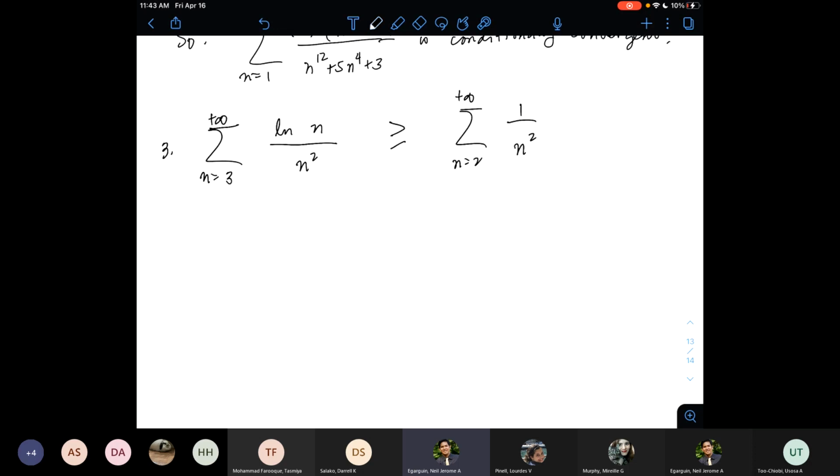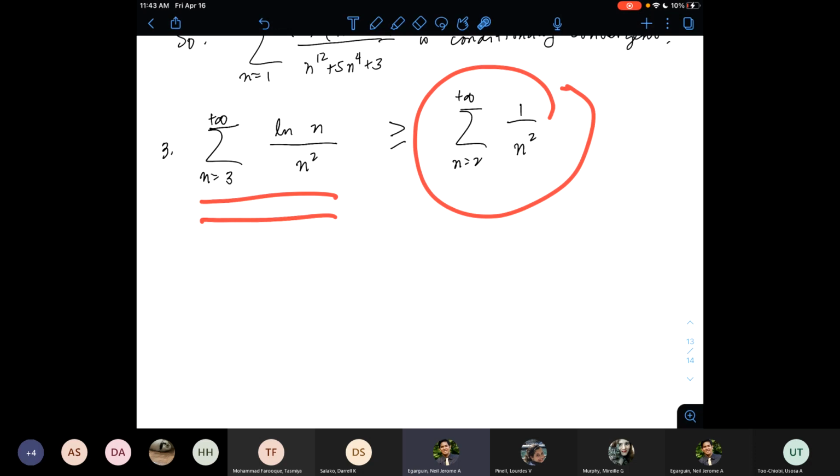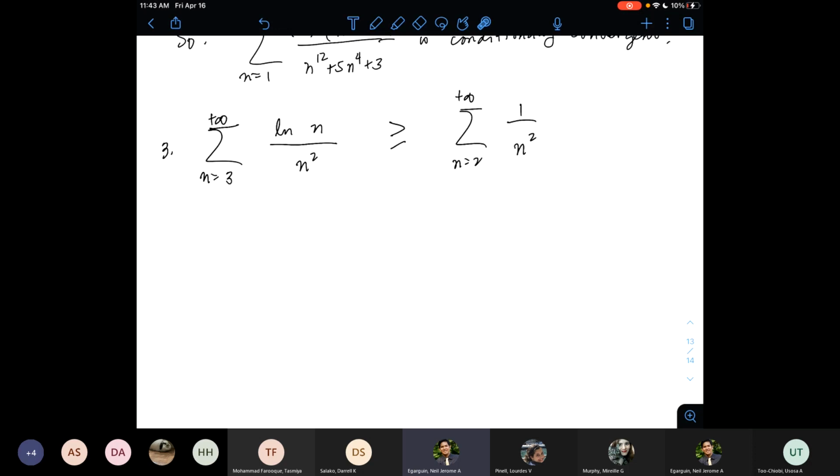But this is convergent. My series is larger than a convergent series, so this is not the right comparison.